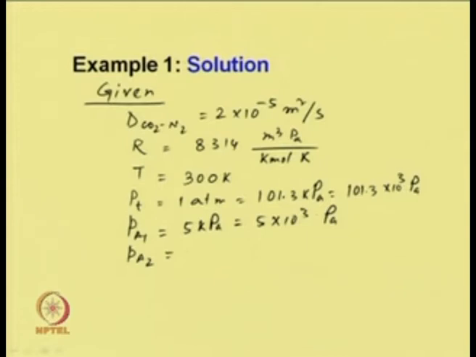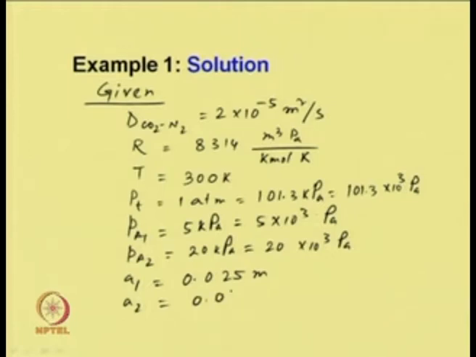PA2 is 20 kilopascal, which is 20 into 10 to the power 3 Pascal, and A1 is 0.025 meter, A2 is 0.05 meter, the side of the triangle, and the distance x2 minus x1 is given as 2 meter.